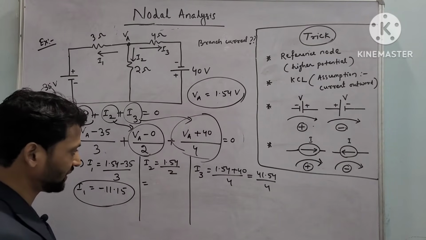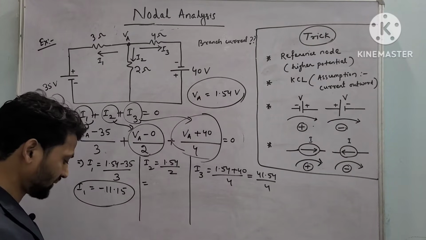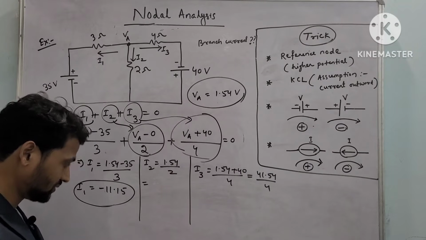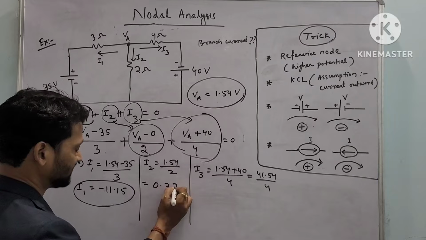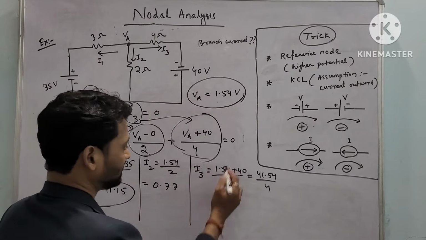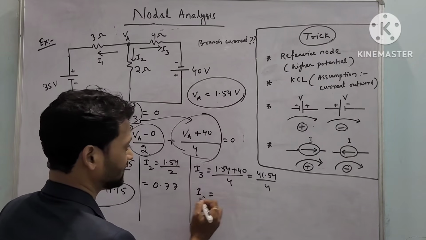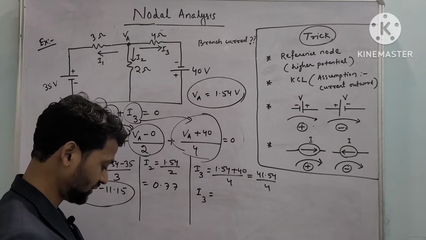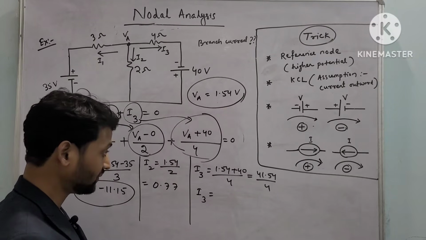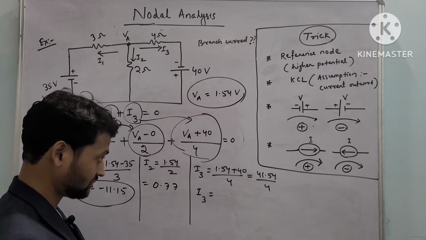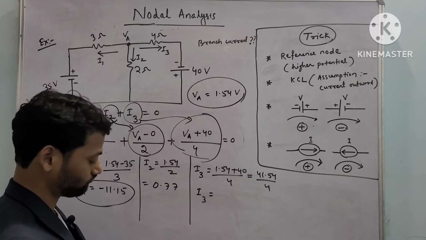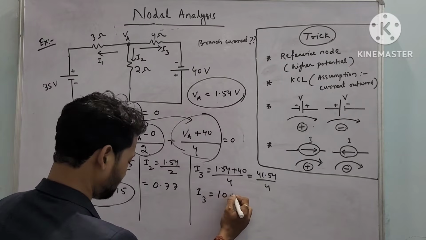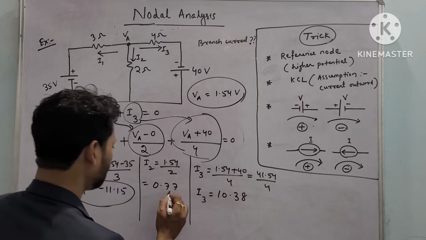And I2 is 1.54 by 2, which comes to 0.77. And for I3, 41.54 by 4, it is coming 10.38.